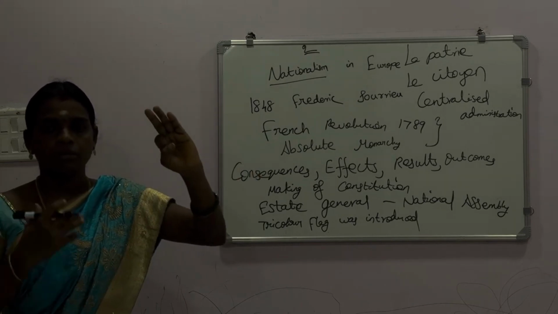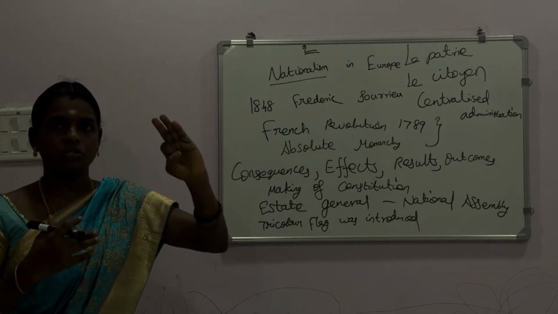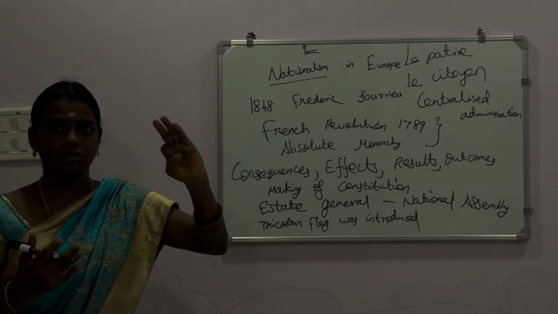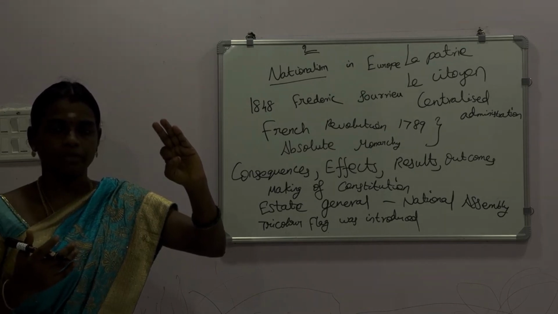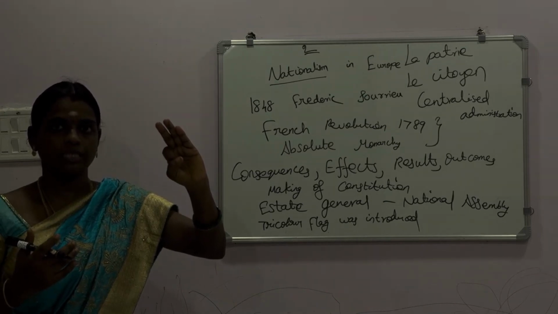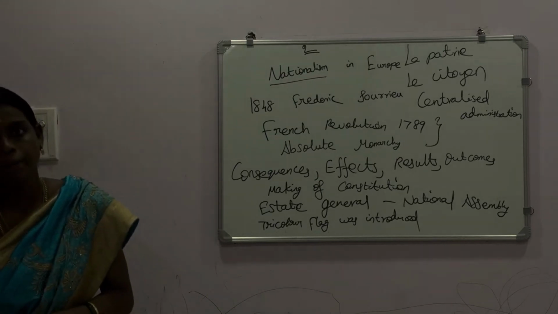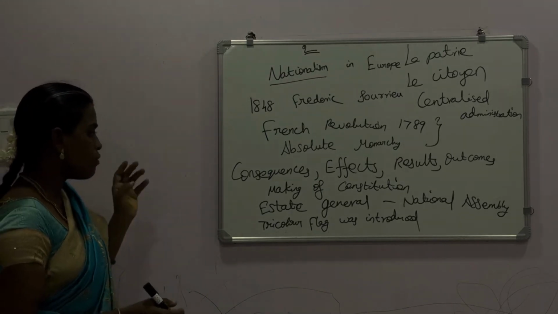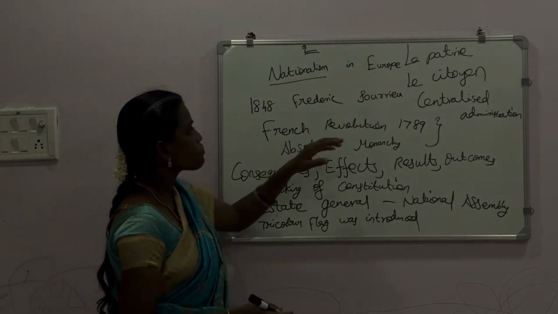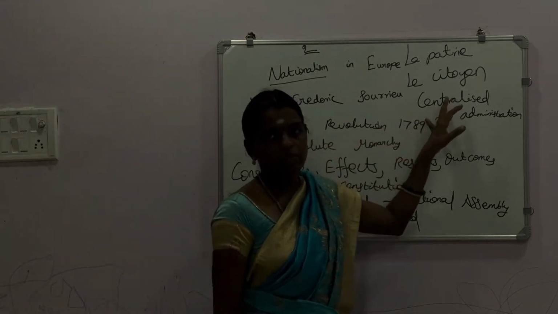Third, the monarchical form of government was changed, and constitutional rights were given to the people. Fourth, centralized administration was introduced.